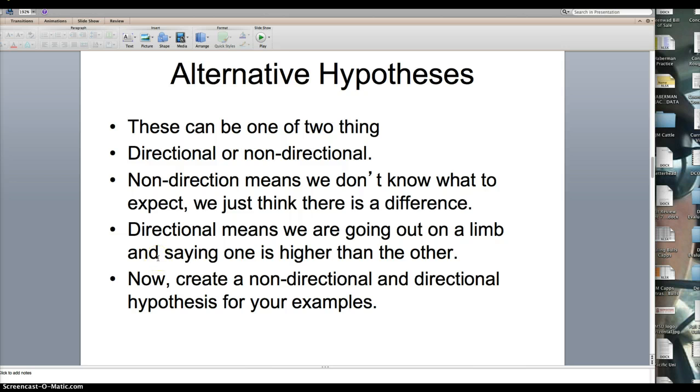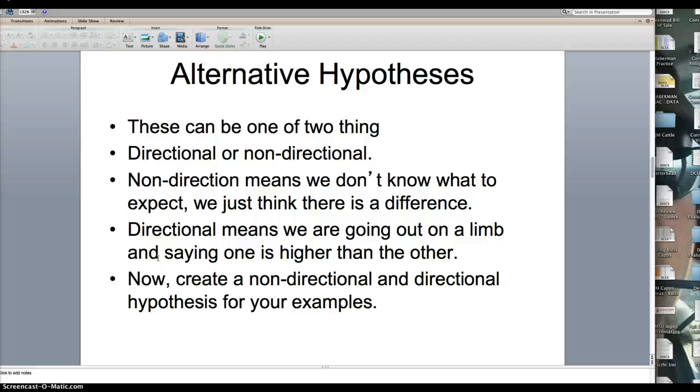So that's a null hypothesis. An alternative hypothesis means that we're going out on a limb and we're saying something's greater than something else. Non-directional means that we don't know what to expect, but we just think there is a difference. So we could say that there is a difference between the GRE scores of males and females.